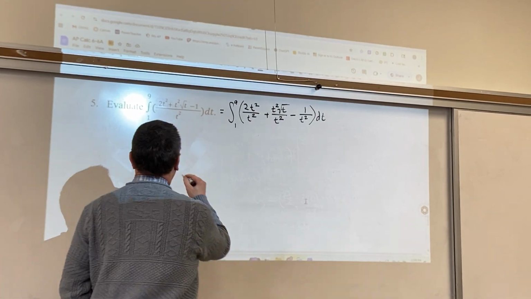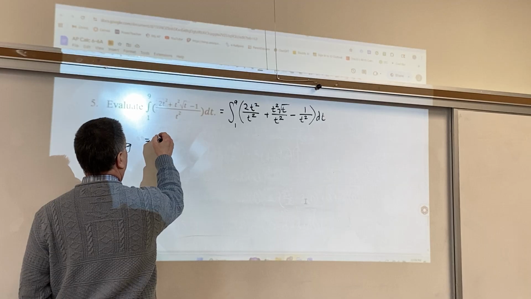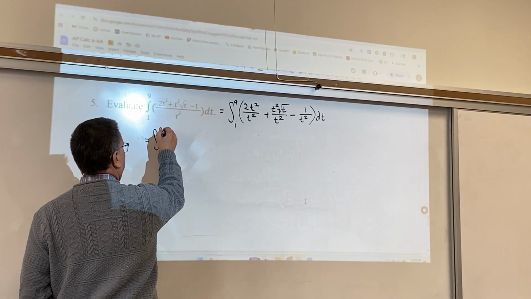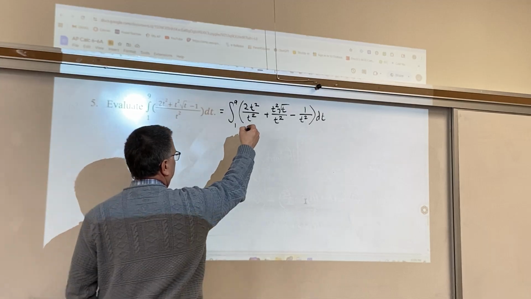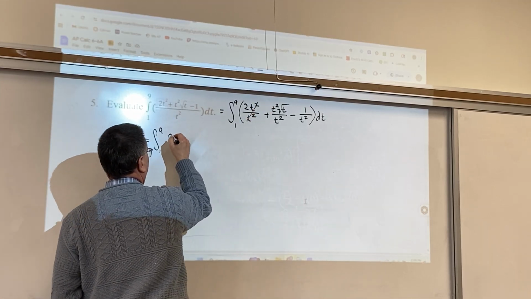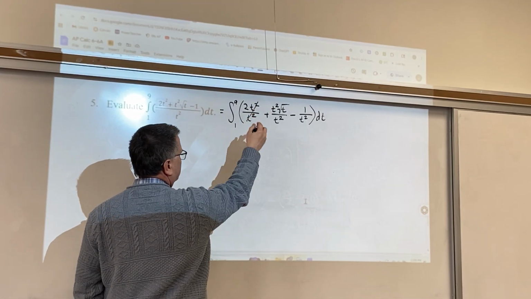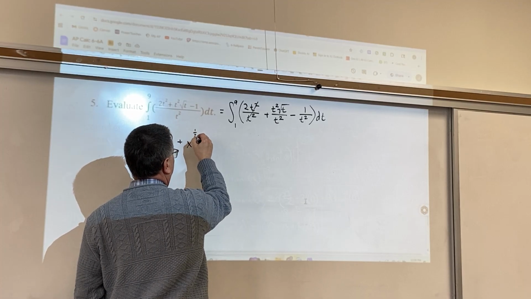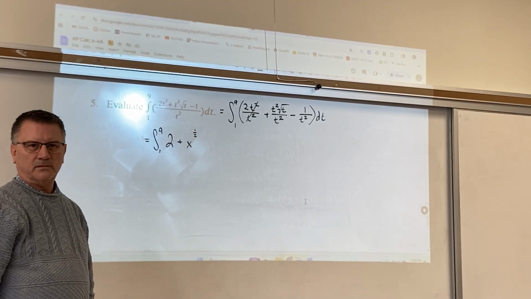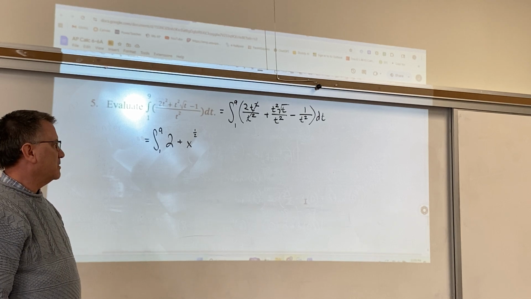And then maybe I will simplify this from 1 to 9. The t squareds are gonna cancel out, right? So that's just 2. And the t squareds are gonna cancel out, so that's t to the 1/2. Maybe you want it to the 1/2, because we don't like radicals. We like exponents better.